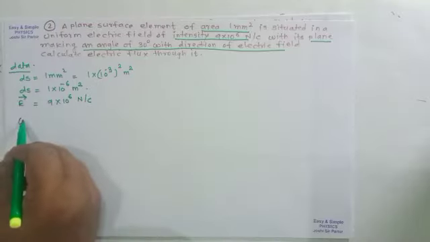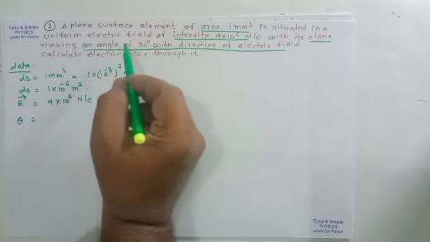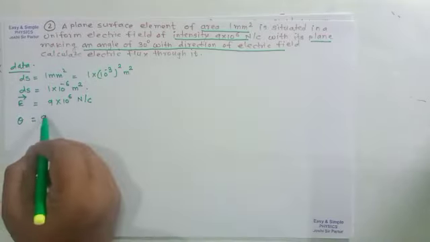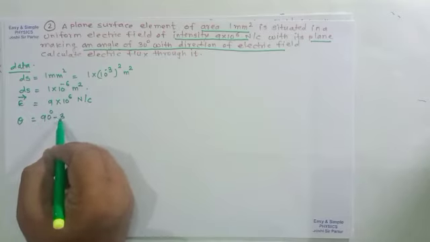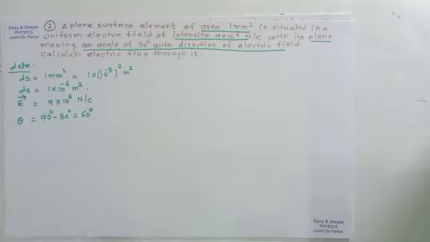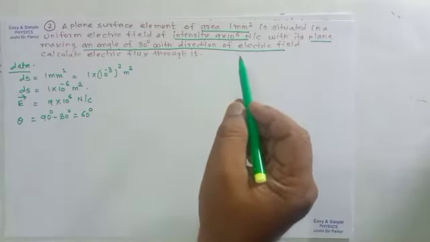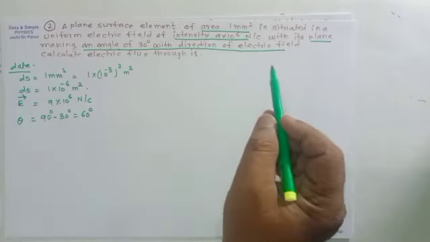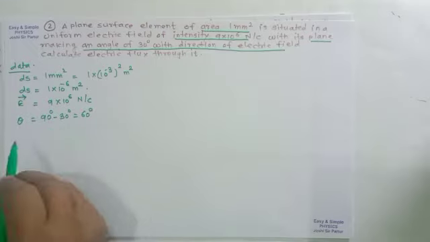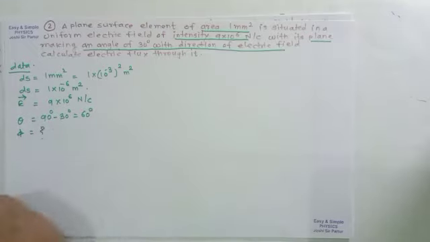Here theta: the plane makes an angle 30 degree with the direction of the electric field, so we can take theta as 90 degree minus 30 degree and we can find out the electric flux.